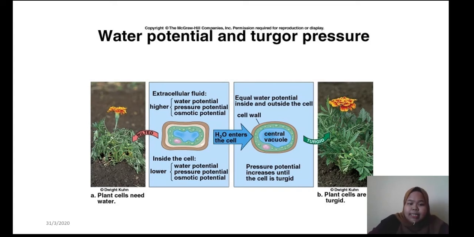What happens at this stage is that the extracellular fluid's water potential, pressure potential, and osmotic potential are higher than the water potential, pressure potential, and osmotic potential inside the cell. So, as water enters the cells, pressure potential will increase until the cell is turgid.